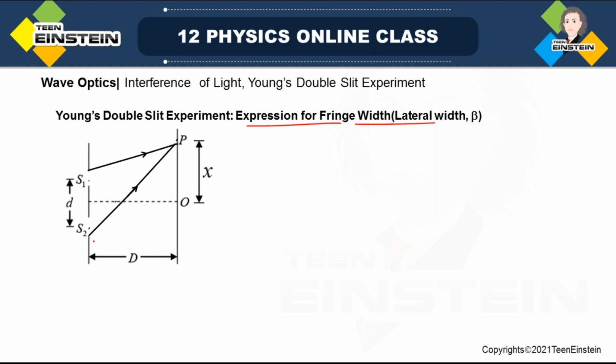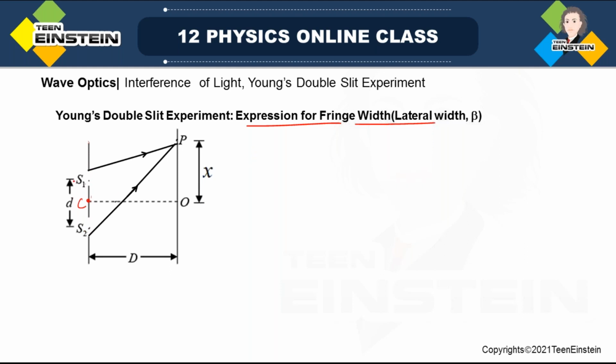You look, this is the cardboard, and on which S1 and S2, two slits are made, or two openings or holes are made, and the separation between the slits is D. This is the line which I'll just give a name as C. So the CO line is the perpendicular bisector to this.